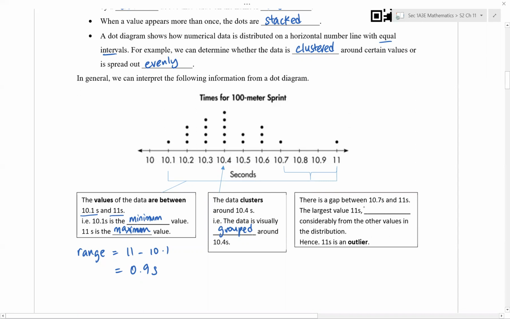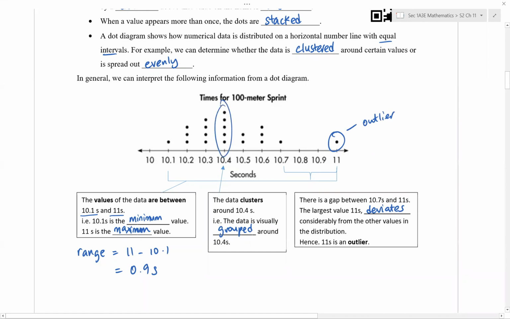The largest value, 11 seconds, deviates considerably from the other values in this distribution. So we call this an outlier. It is quite far from the rest of the data, which are all clustered around 10.4.